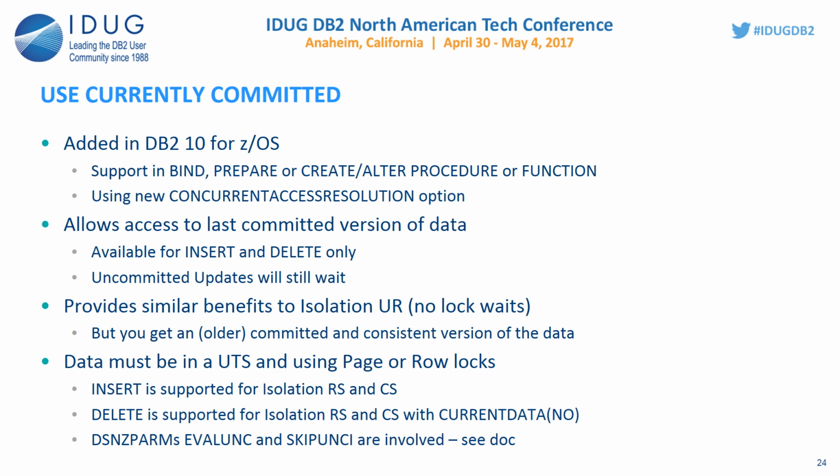It's horrendously complicated. There are requirements to do with current data no, and a couple of other ZPARMs involved. You really need to know what you're doing before you use this. It was added for a purpose, and I'm sure there's a really good use case for it, but it's advanced use. Don't use it unless you really know what you're doing.